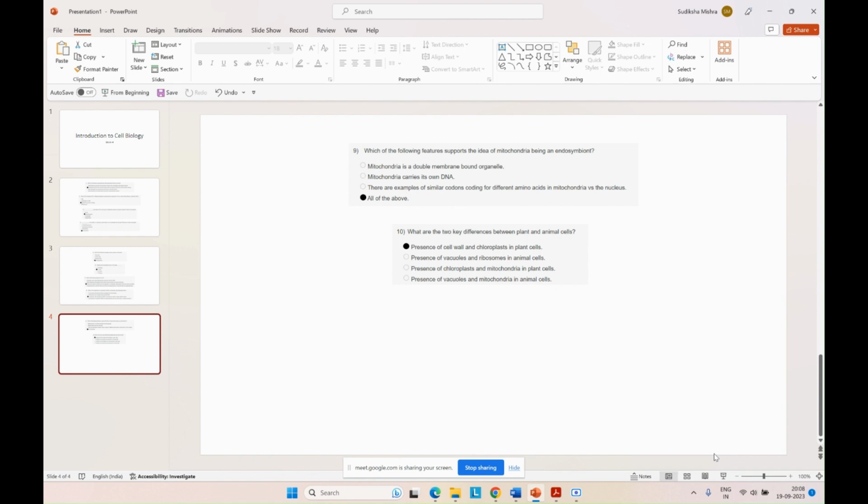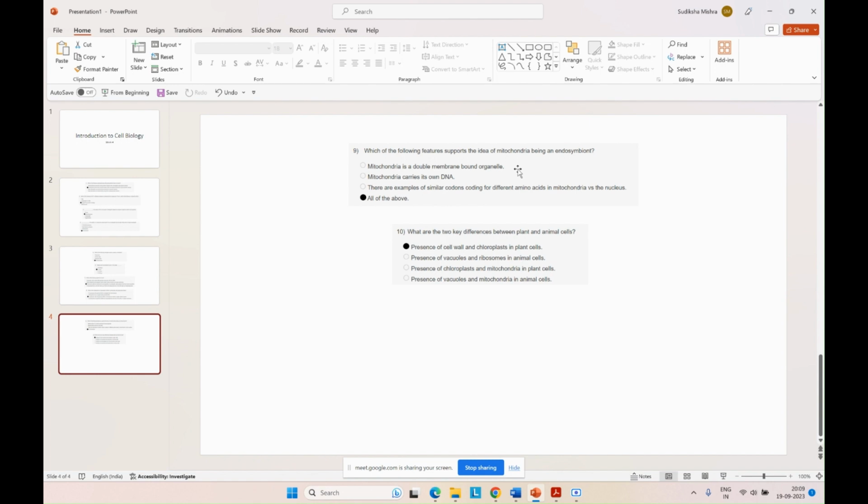Which of the following features supports the idea of mitochondria being endosymbionts? Mitochondria are double membrane bound organelles. As I mentioned before, when the organism was engulfed by a larger cell, sort of engulfed in a pouch of membrane, the organism had its own membrane, and it had a membrane outside which belonged to the host cell.